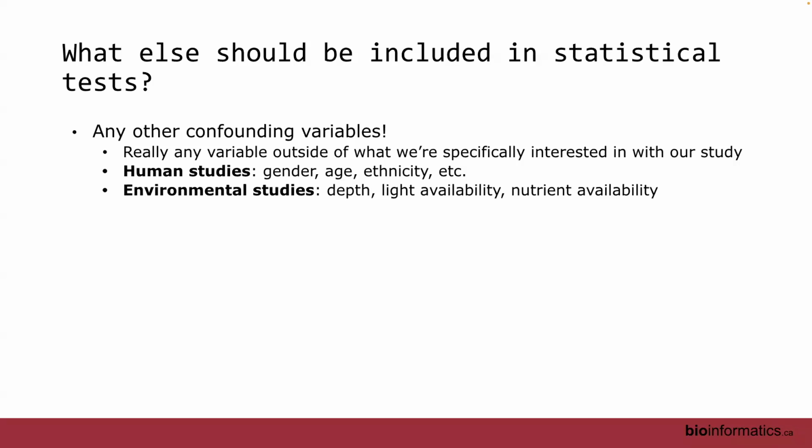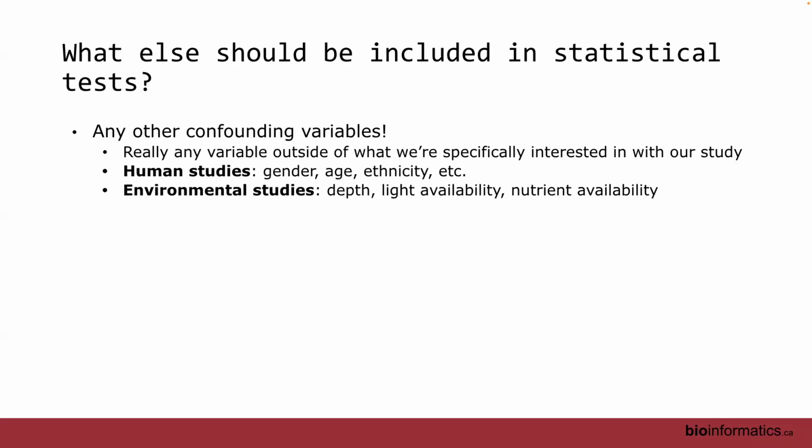Essentially, we're often looking to include as much information as we possibly can gather about these populations. It's the same for environmental studies: this could be depth, light availability, nutrient availability. All of these things are going to have an effect outside of probably just the variable that you're actually wanting to look at in your data.